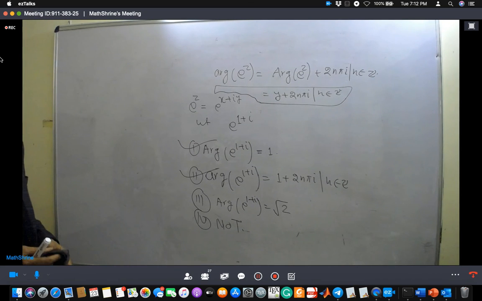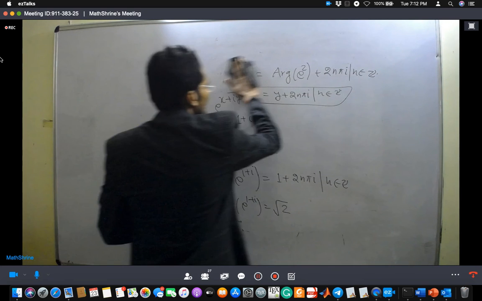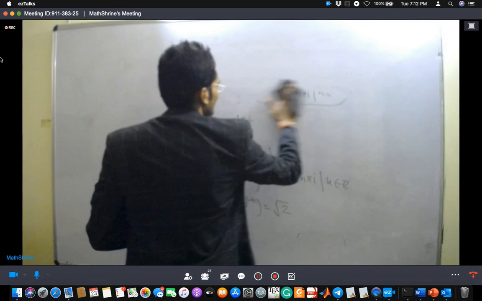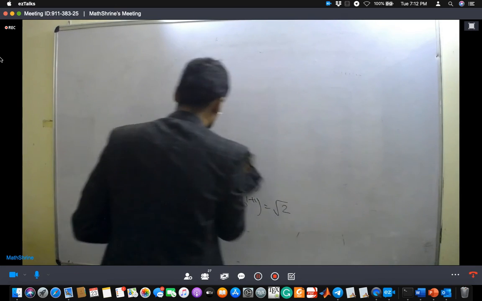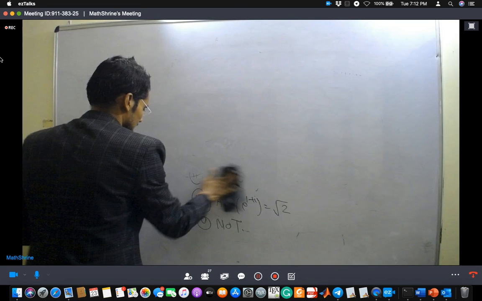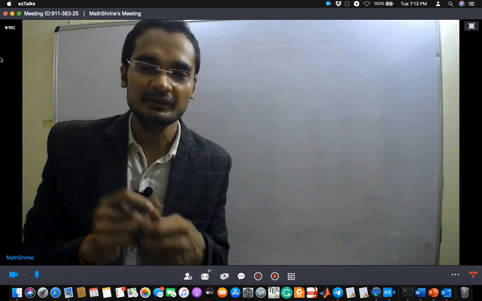So, some observation we have. If I have a periodic function or a many-one function, what is the meaning of this? This implies that we have many inputs at which we have a single output.